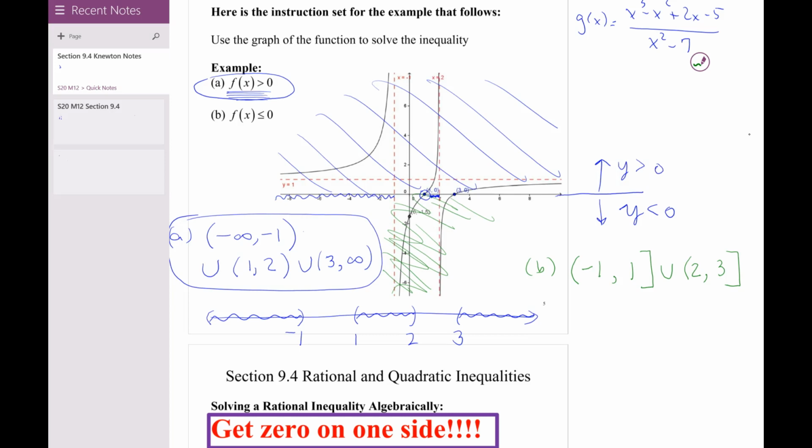So check and make sure that every x value represented on the graph is included either in part A or part B, and that vertical asymptotes are not included. That's just a good way to check your work. So then we know from -1 to 1, we want that piece of the number line, and from 2 to 3, we want that piece of the number line.